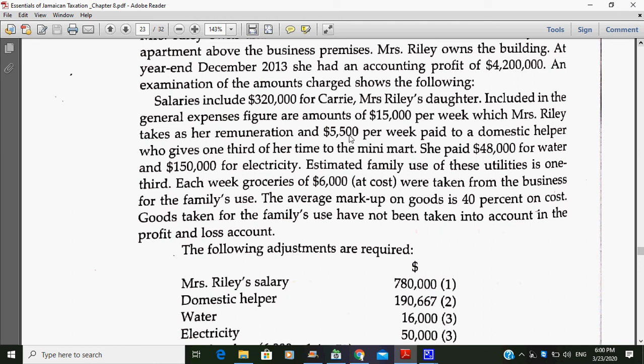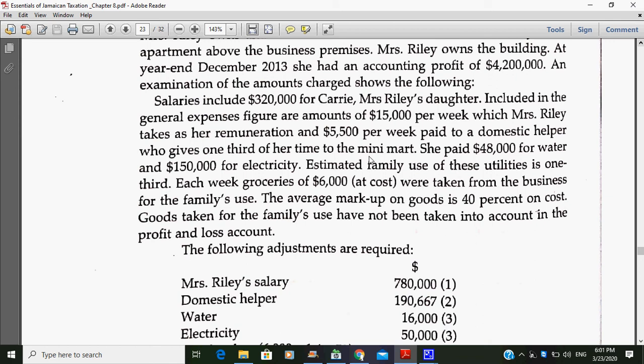So she gives the domestic helper 5,500 per week, who gives one third of her time to the mini mart. Therefore, if you multiply the 5,500 by 52, you get 286,000.